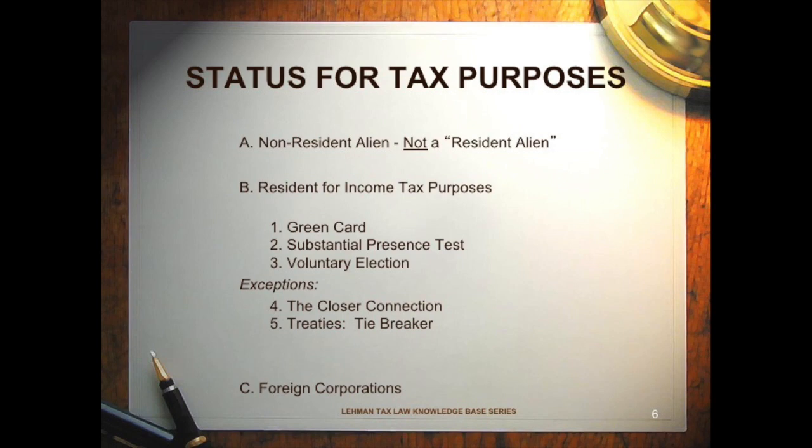A taxpayer who's here and is governed by a tax treaty can actually spend much more time here than a non-treaty person and still not be considered to be a tax resident for U.S. tax purposes. So we're going to look at how all this works, and then we'll take a close look at how the non-resident alien is taxed.